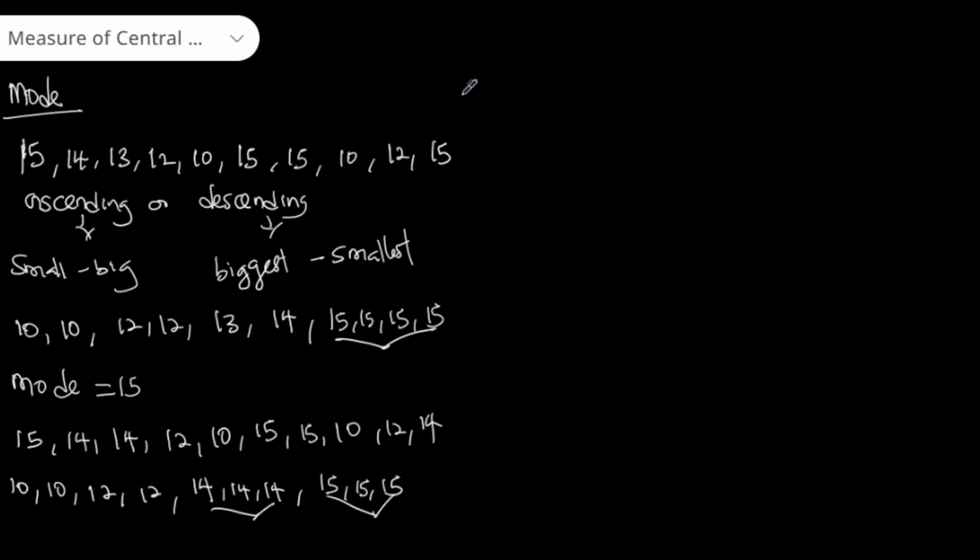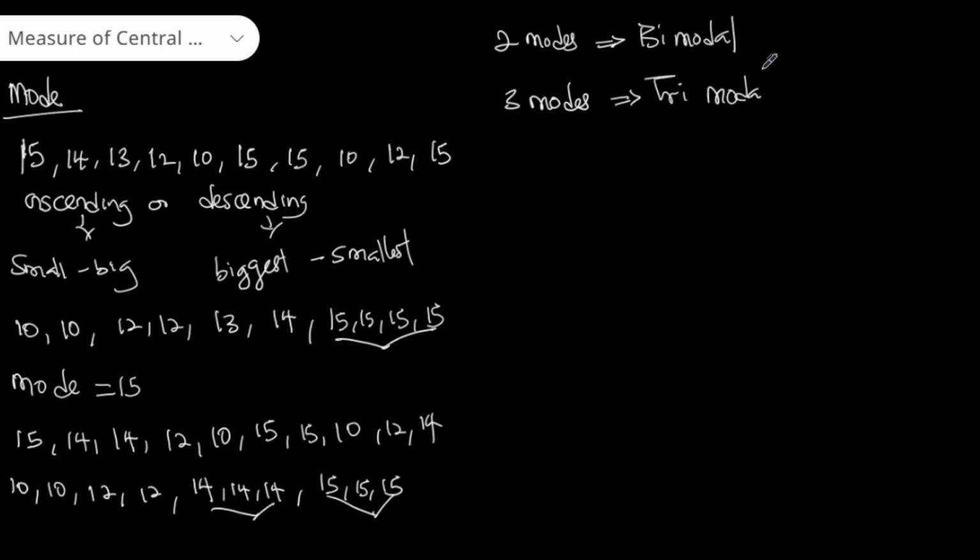It can have multi-modes. So if a set of data has 2 modes, then it is called bimodal. If it has 3 modes, the set of data is called trimodal.